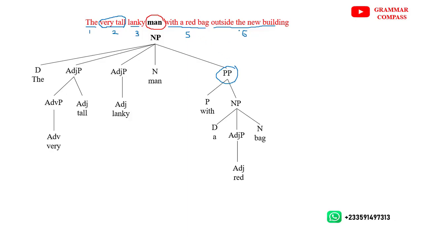Let us draw another branch to account for this prepositional phrase. We will draw our branch and write our prepositional phrase. Remember, every prepositional phrase will consist of a preposition and then a noun phrase. In outside the new building, outside is our preposition, and then our noun phrase will be the new building.